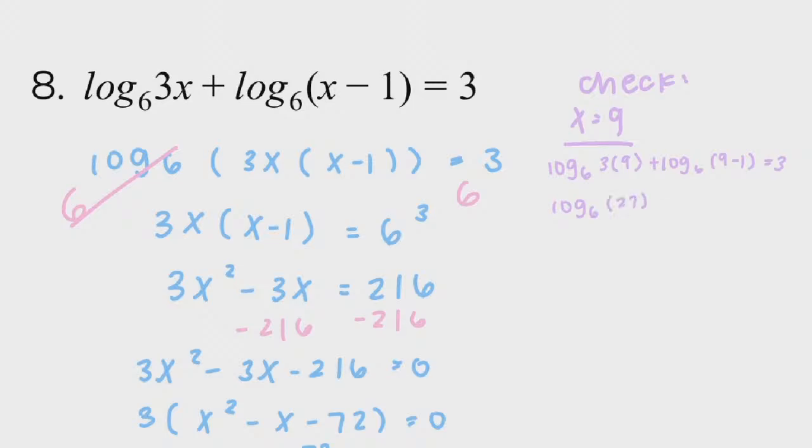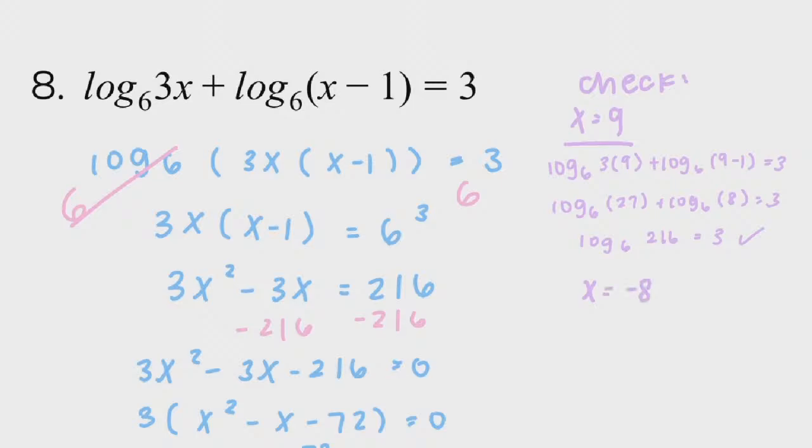So that's log base 6 of 27 plus log base 6 of 8 equals 3. We can combine those by multiplying. 27 times 8 is 216. And this is true. So that means negative 9 works. Or sorry, positive 9 works.